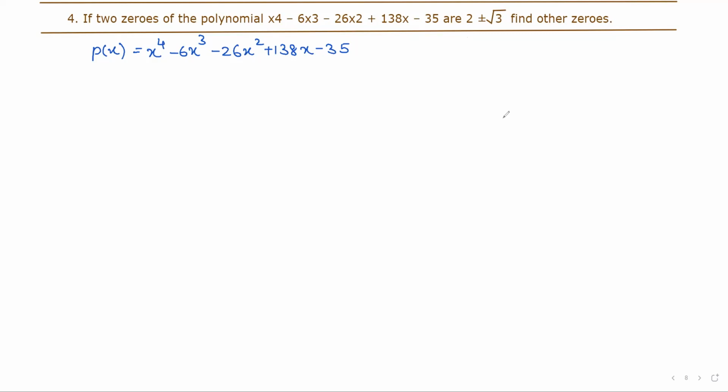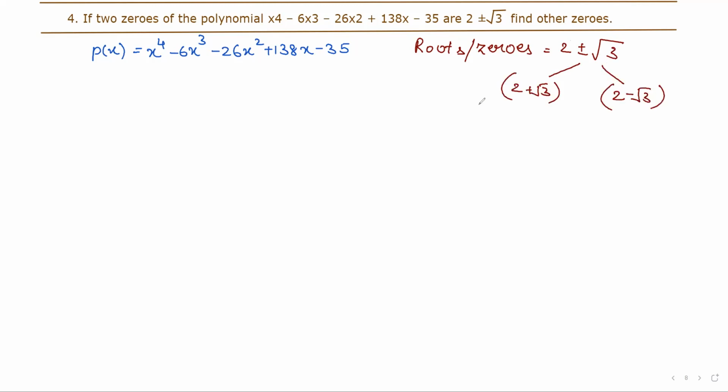So two roots or zeros given to you are 2 plus minus root 3. When you say 2 plus minus root 3, it means 2 plus root 3 is one root and 2 minus root 3 is another root. So two roots are given to you. Now the degree over here, maximum power of x is equal to 4. So this is a biquadratic polynomial.